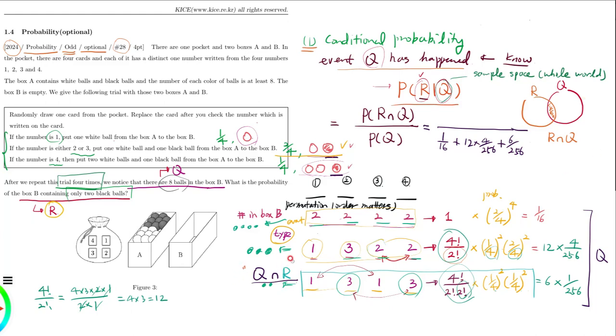Let me be more precise. The probability of event R and Q, or Q and R, it does not matter, is 6 over 256.